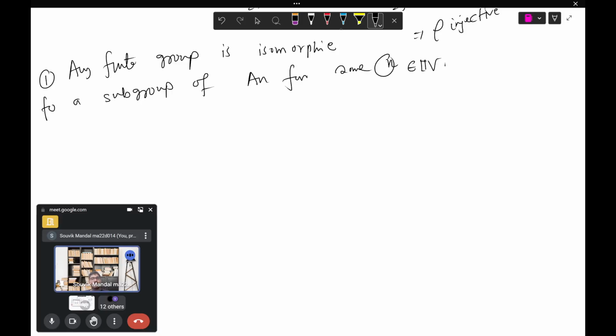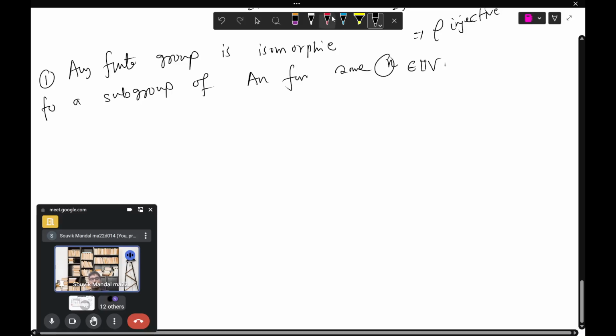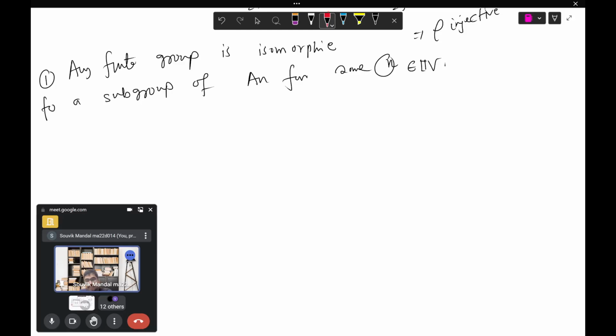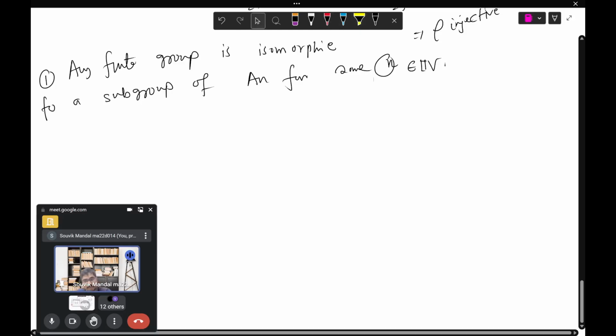Here this n is not the order of the group. Any group can be embedded inside An for some n. Using the Cayley theorem, try to prove it.